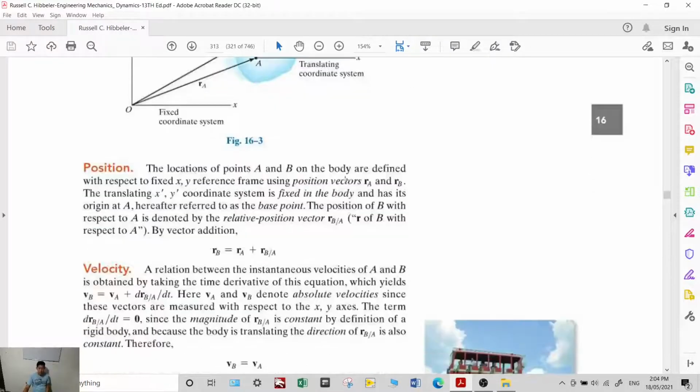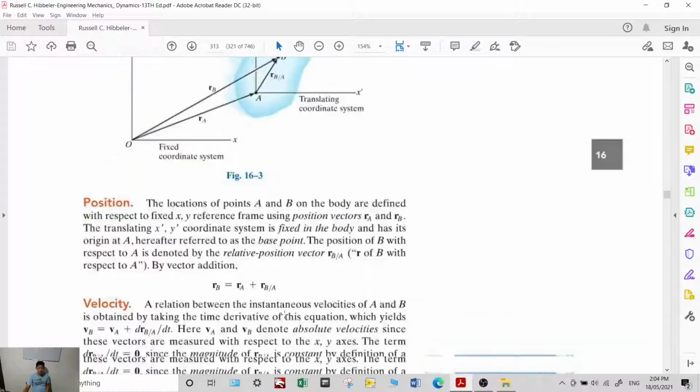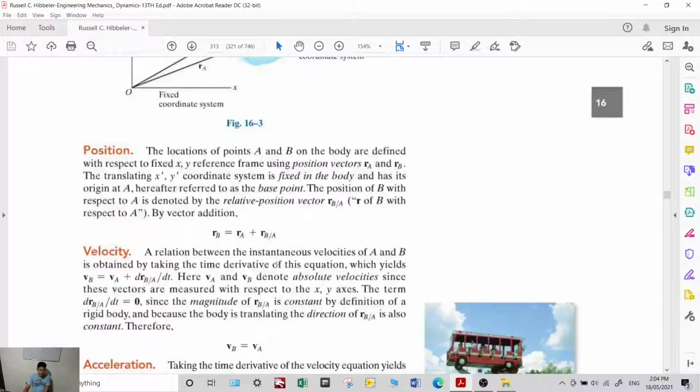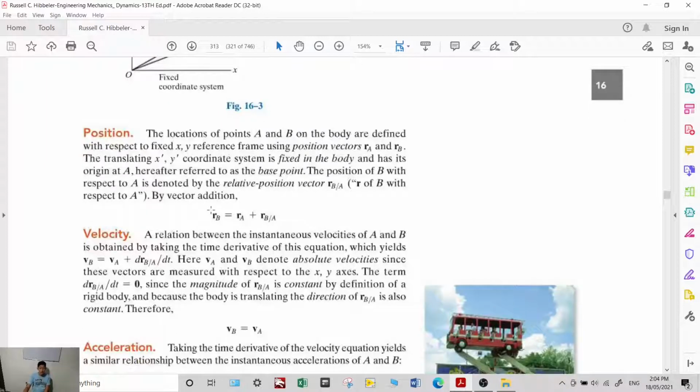Translation. Okay, so if we get the velocity of these points A and B, we just apply the first derivative on this equation. The derivative of r sub B with respect to time is the velocity of B, which is just equal to the velocity of A. The derivative of r sub B/A with respect to time is equal to 0.